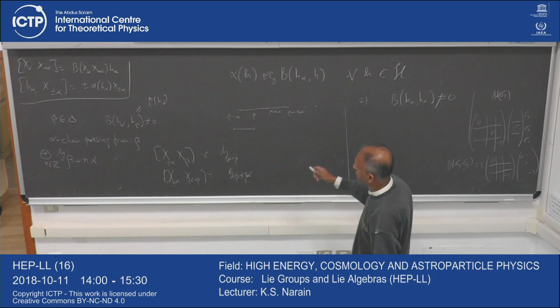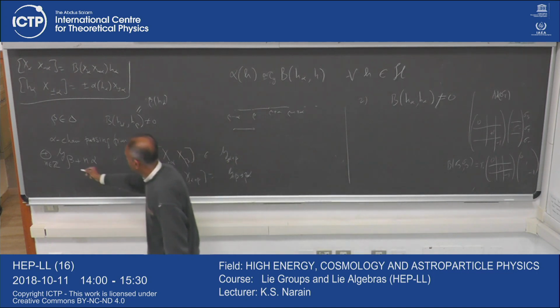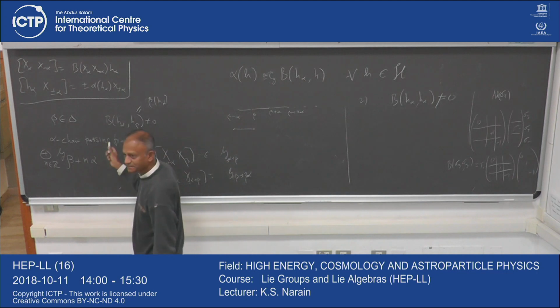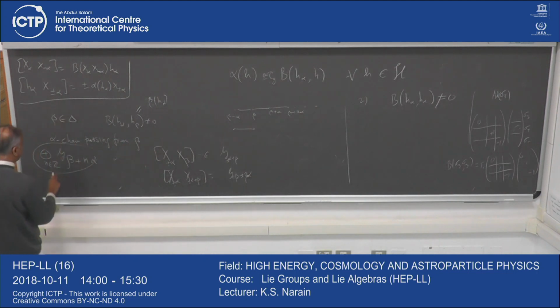So now, because of this fact, and of course the fact that each of them are eigenstates of H alpha, therefore this is invariant under the action of these three generators: X alpha, X minus alpha, and H alpha. When you apply the adjoint actions of these on this space, you get back again an element of this space.